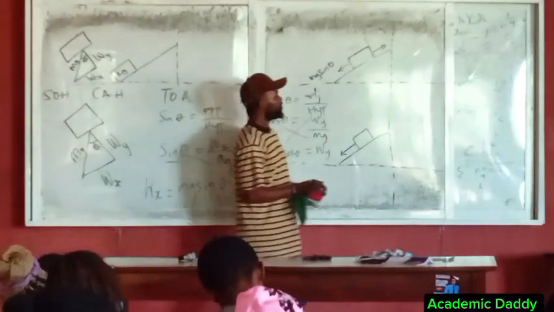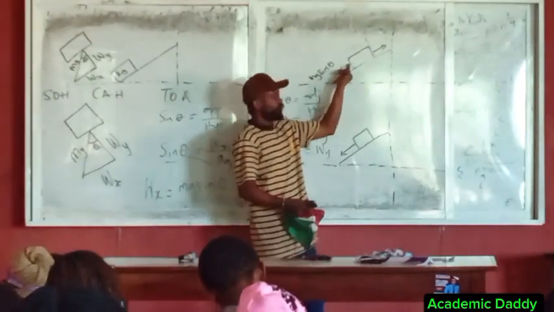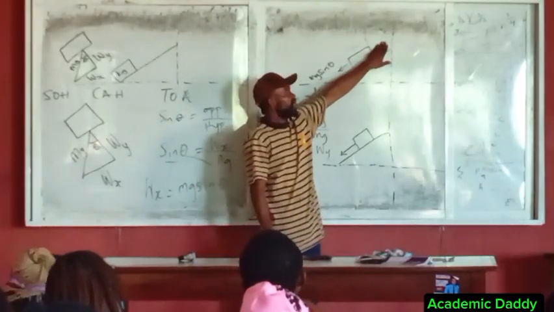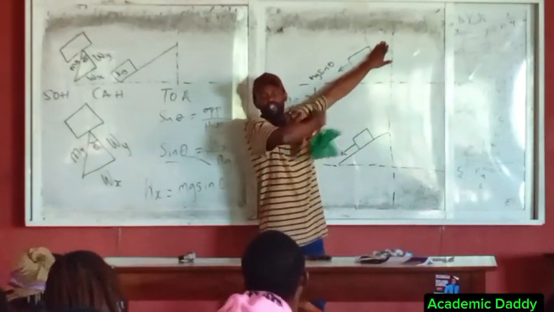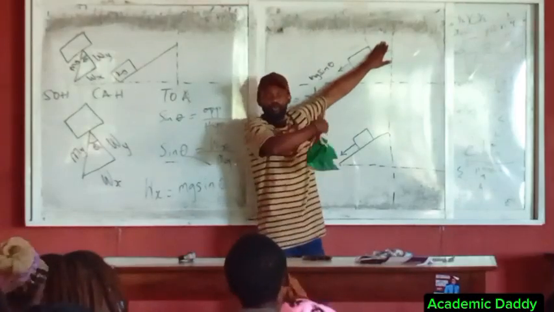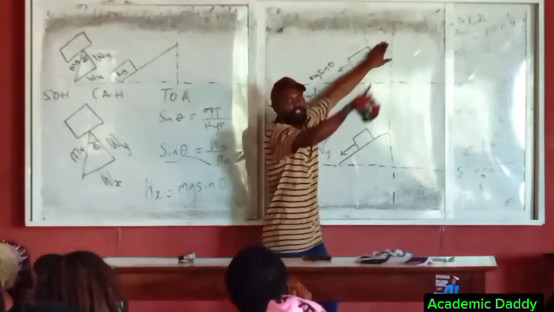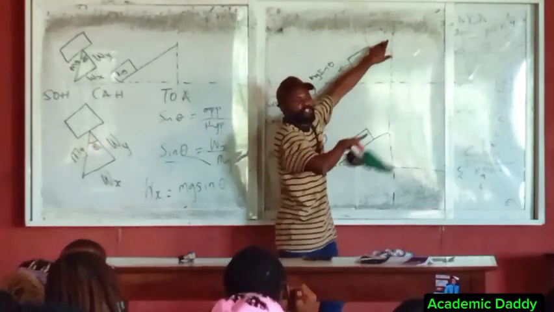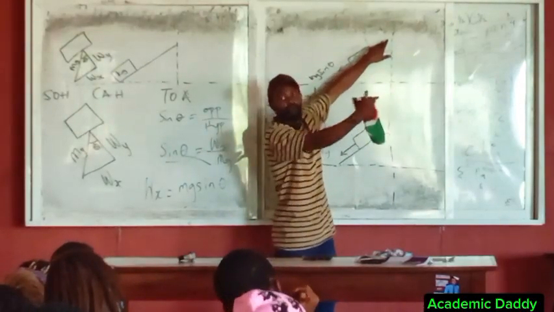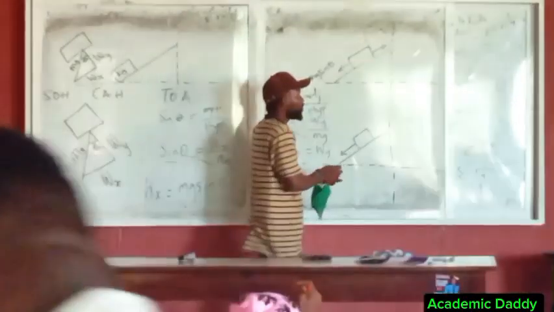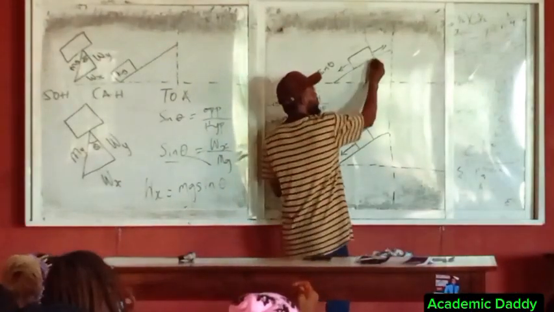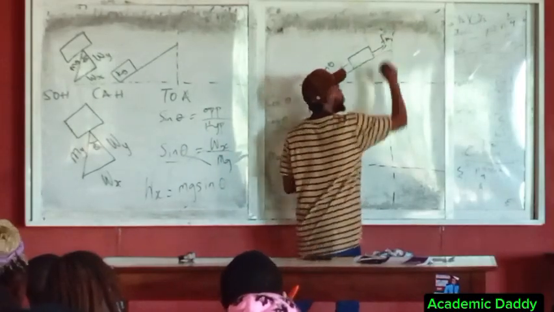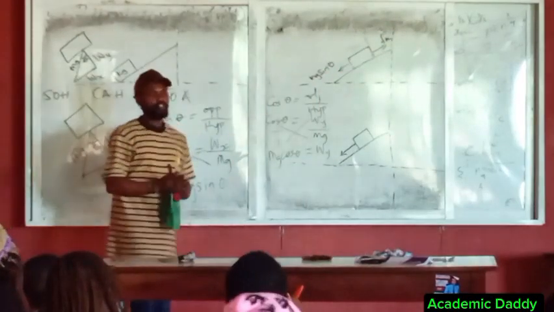So if this body is going this way, naturally it wants to go this way when there is no force applied to it. That means as this body is moving this way, they're asking you for friction. There will be a force that wants to take you in the other direction. Since it's moving, we say that kinetic friction is the friction that affects an object when it's moving. So in the diagram for dynamics, this side becomes your Fk.